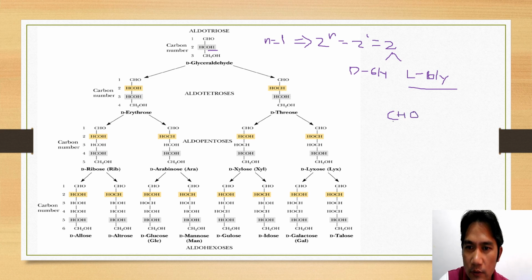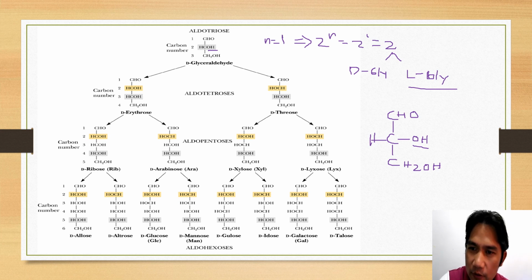This is the glyceraldehyde having the OH at the right side. This is denoted as D-glyceraldehyde. Now, the other arrangement is if we put this OH at the left side.